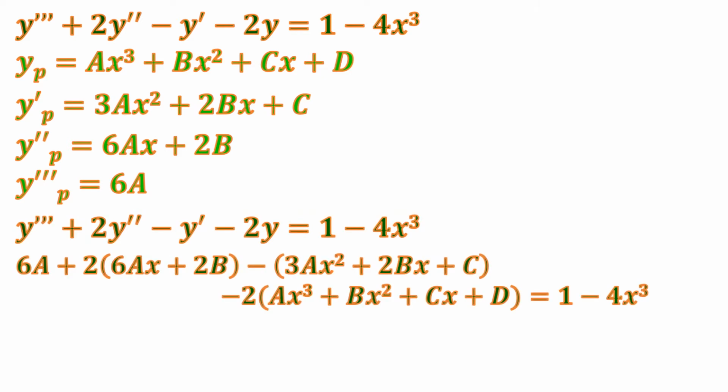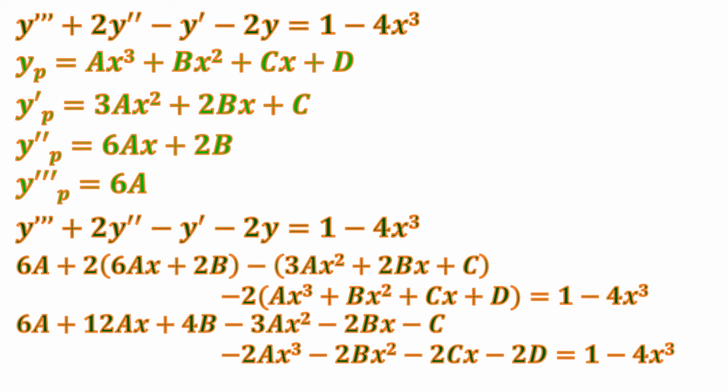So it's gonna have 6a and then plus 2 times the y double prime minus the y prime. That's the given. And then the minus 2 times the ax cubed. So that's the yp, or the y, which is equal to 1 minus 4x cubed.